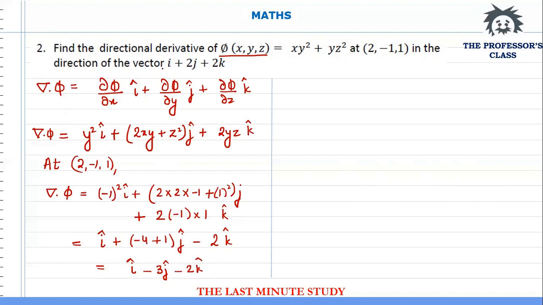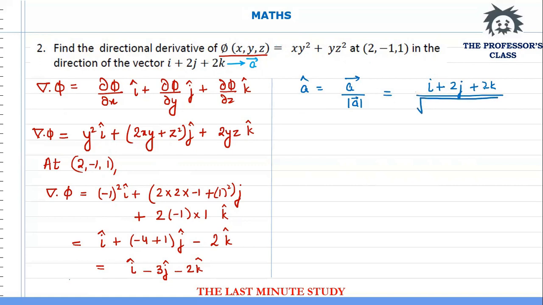Now in the direction of this vector i plus 2j plus 2k, first of all I need to find out the unit vector in this direction. So let us assume this vector to be a. The unit vector in the direction of a will be given as a cap equals vector a over mod of vector a, which is i plus 2j plus 2k over mod. Mod basically means we are calculating the magnitude.